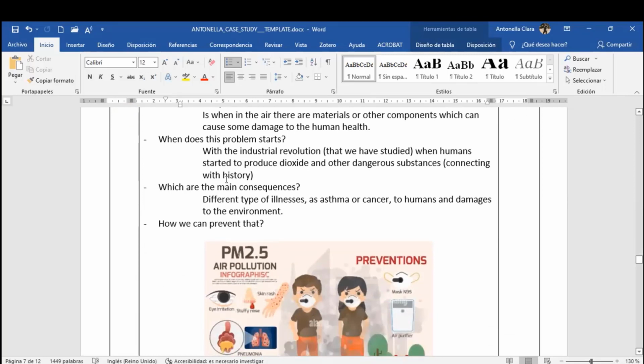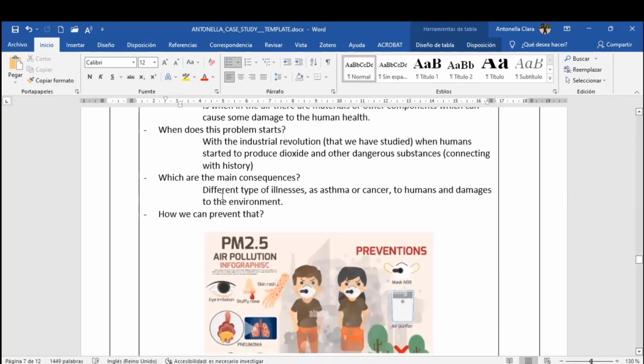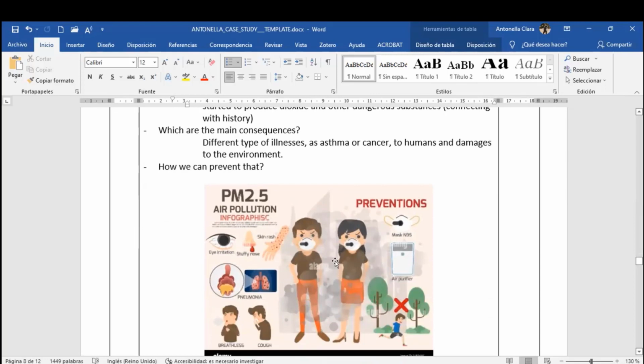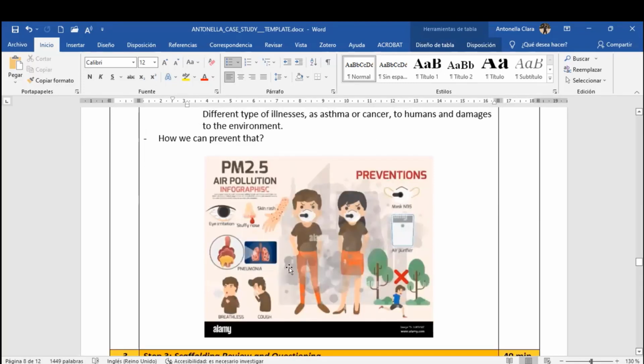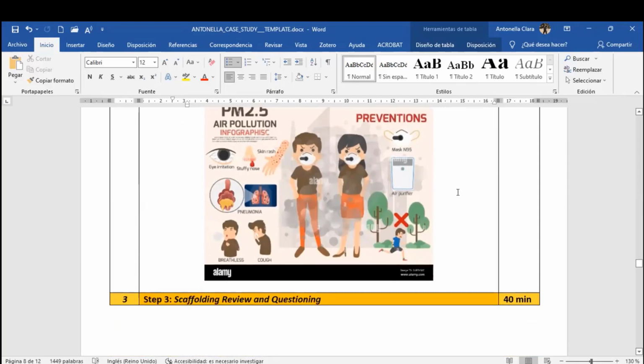Which are the main consequences, and I give them a little infographic. It was not simple to find one in English. Which are the most important problems that the human being can have and how to prevent them. So the mask and the purifier and so on.